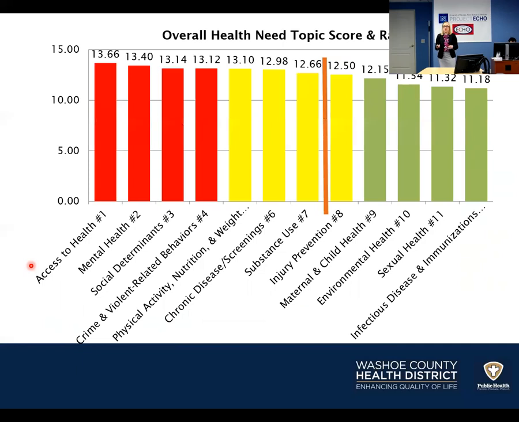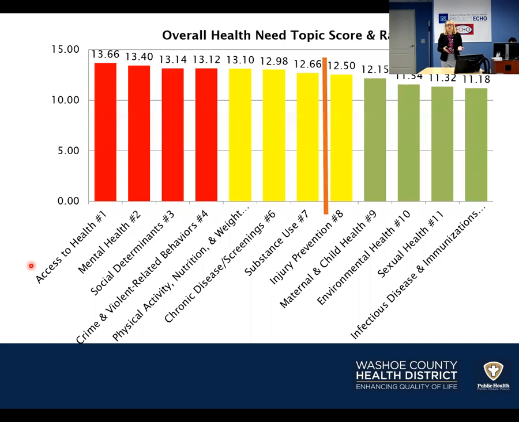Coming back to our prioritization, I wanted to sort of show folks what those results look like. So here we have our top 12 health need topics and their score. And you'll see that through these health topics, these are still really big things to try to solve. So when we look at our top one, access to health, you could come at that from a variety of ways: transportation, number of providers, health insurance.